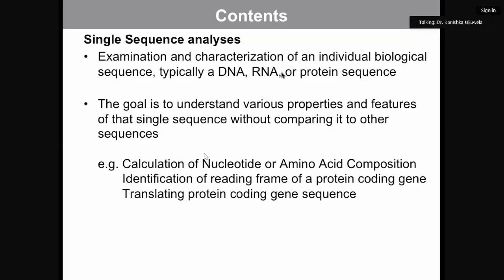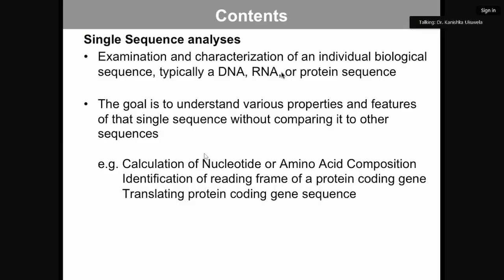The goal of single sequence analysis is to understand the various properties and features of that single sequence without comparing it to another sequence. You look at the number of nucleotides in that sequence, the number of adenines, thymines, guanines, cytosines if it's a nucleotide sequence, and if it's an amino acid sequence, the number of different types of amino acids there.